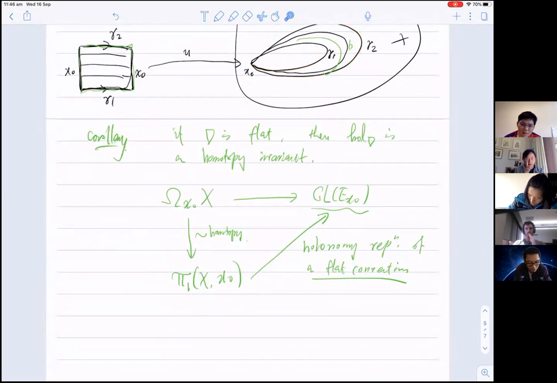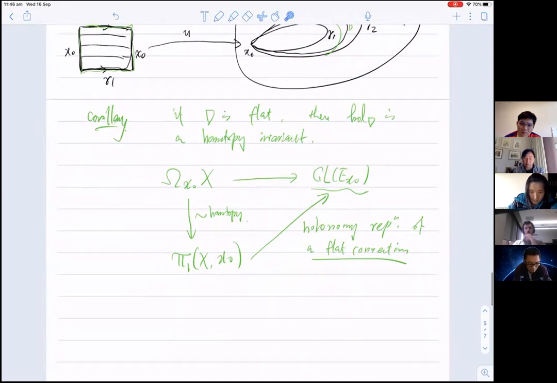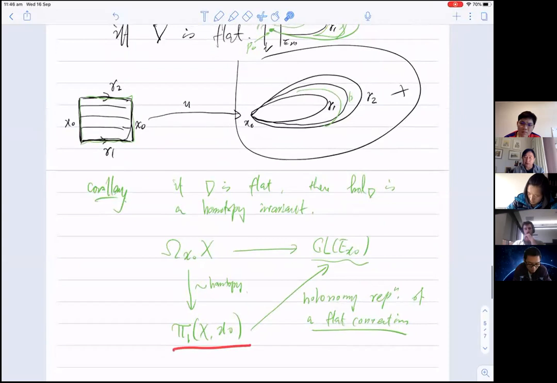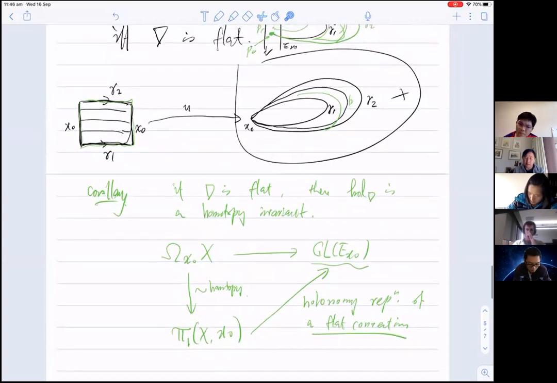If the connection is not flat, then it will depend on the path. But usually in your case, even though it's not flat, the lifts along two paths are homotopic.